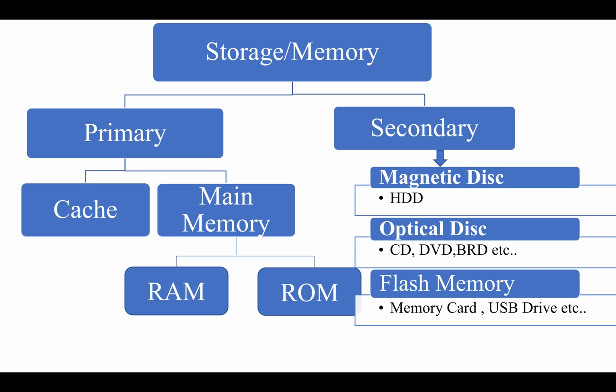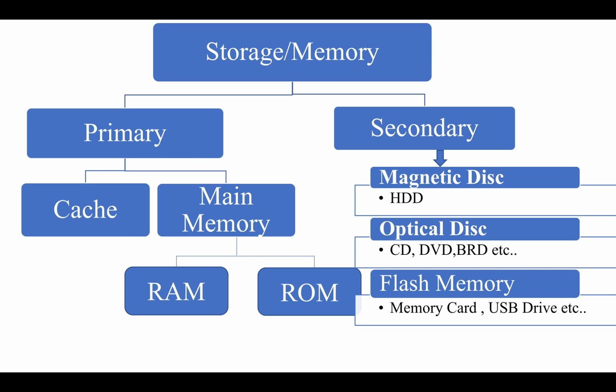Then, students, in primary memory you learned about cache, main memory, RAM and ROM. Cache is the small and fastest type of memory that acts as a buffer between the main memory and the CPU. Then you learned about main memory, RAM and ROM, random access memory and read-only memory. Random access memory stores data temporarily, read-only memory stores data permanently.